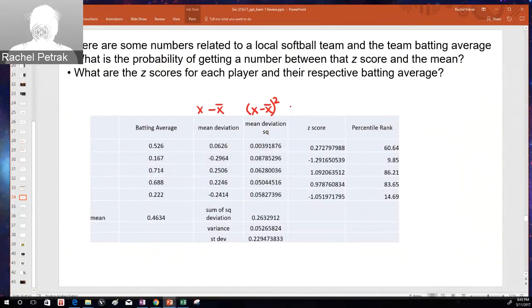To get the z-score, we used our formula: z is equal to x minus x bar over the standard deviation. So in order to get the z-score from the raw data, I had to also find the standard deviation, which is right down here. When I got the standard deviation, we used the mean deviation, got the mean deviation squared, summed them, did the variance, got the standard deviation. We used this formula.